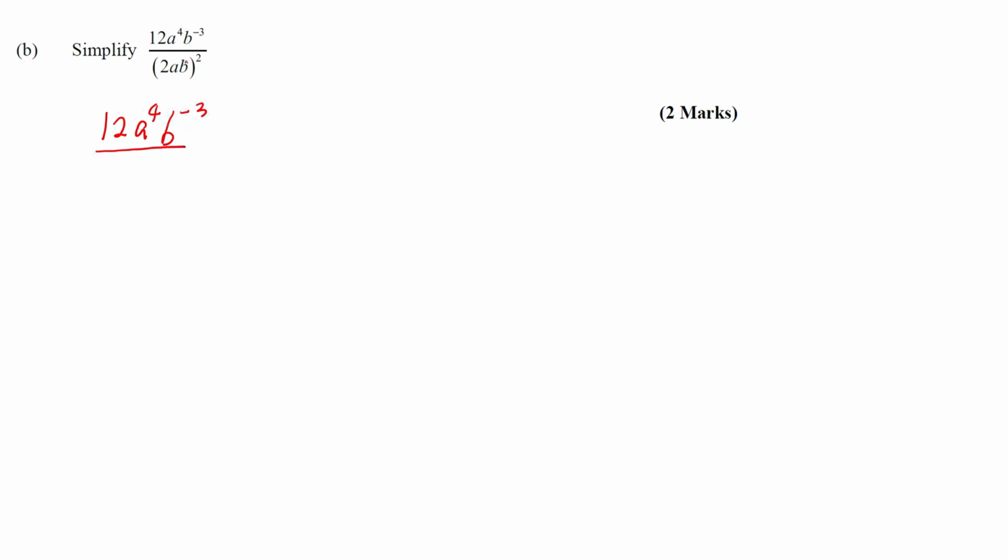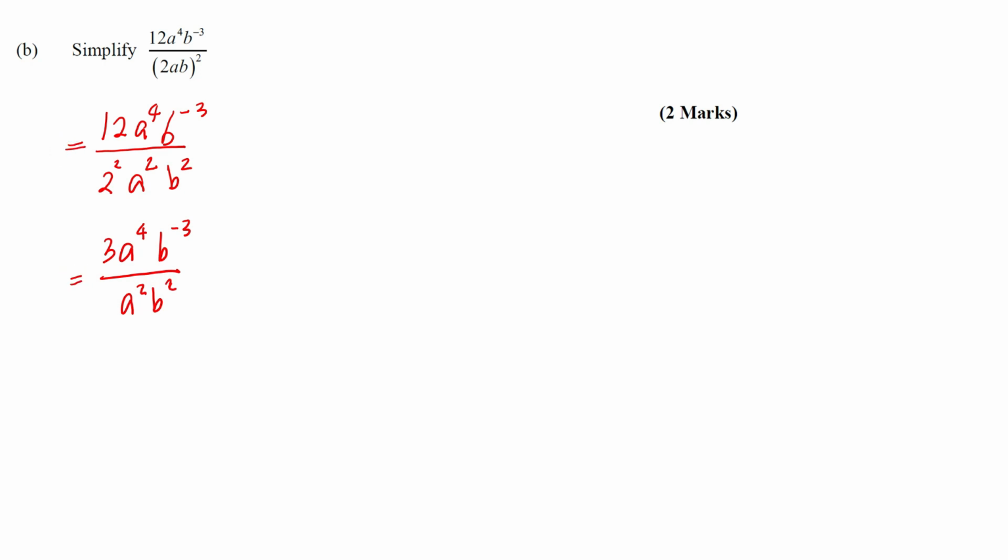So 2 over here is power 2. Do not forget, a power 2, b power 2. So 2 power 2 is 4. 12 divided by 4 is 3. So 3a^4b^-3 over a^2b^2.